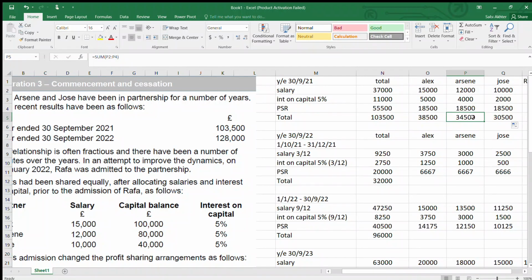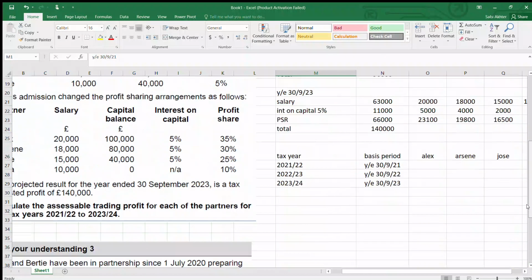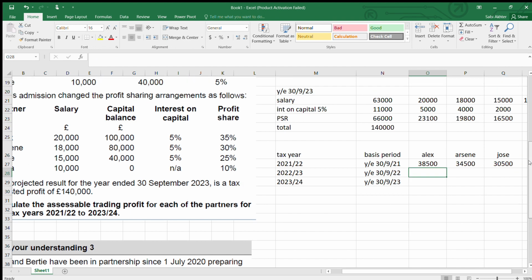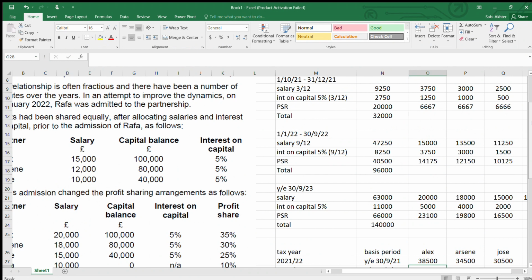And 34,500 for Arsene and 30,500 for Joyce. Just check for year end. So 38,500, 34,500, 30,500. And for him, year end 22.